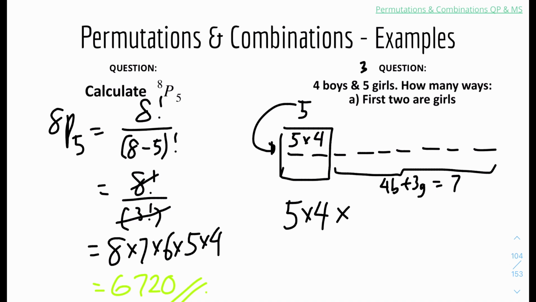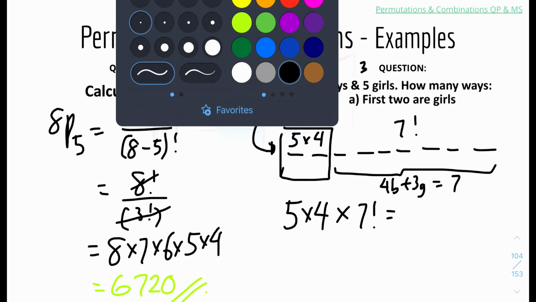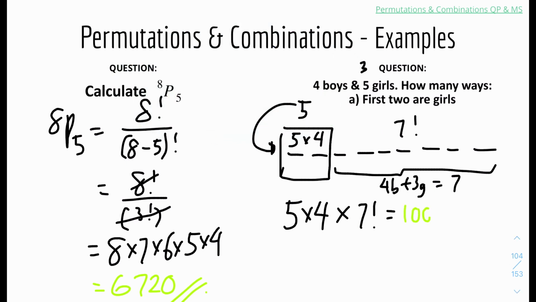In this case, it's the same, so it'll be 7 factorial, since you're rearranging 7 people on 7 seats. So it'll be 5 times 4 times 7 factorial. If you put it into a calculator, it'll get us 100,800.